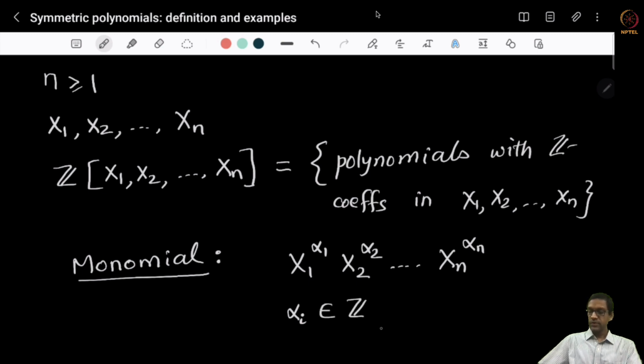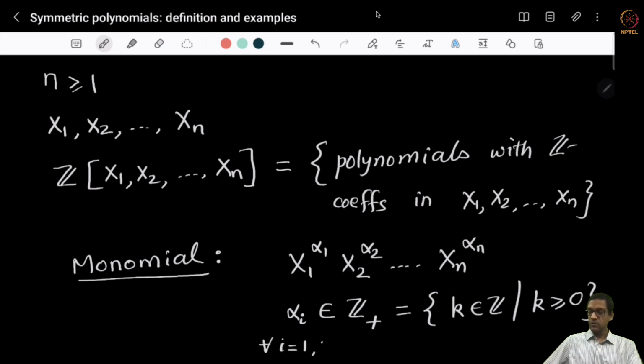So we use Z plus to denote the set of all non-negative integers, all integers k such that k is greater than or equal to 0. So the alpha i's, these exponents, belong to Z plus for all i equals 1, 2, 3 till n.